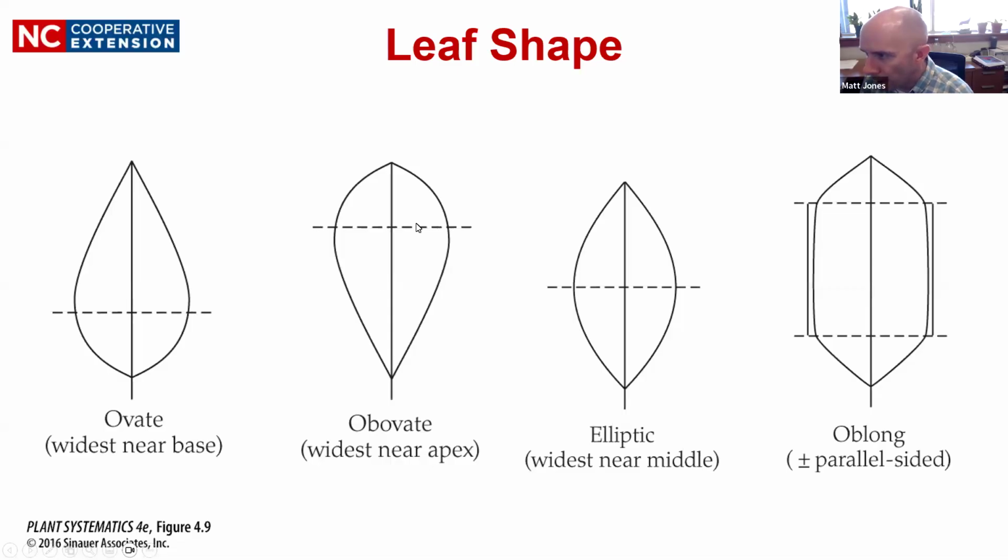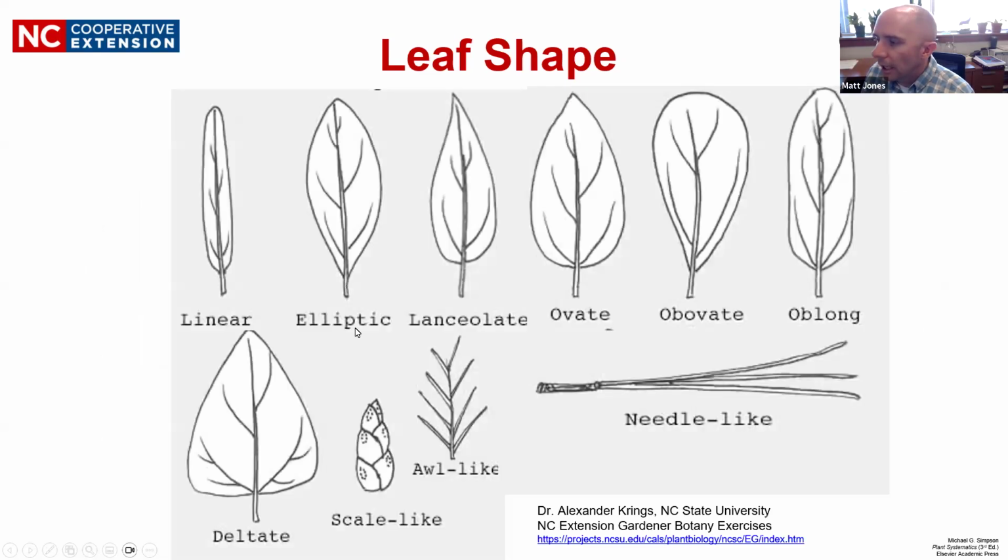When that's upside down, it's widest at the tip and then narrows at the base. An elliptical leaf tends to be widest at the middle. And again, with oblong leaves, the sides are more parallel. And there are some other specialized terms, like a deltate leaf is shaped like a triangle. I don't show it here, but a cordate leaf is kind of heart-shaped, like imagine a redbud leaf is a cordate leaf.